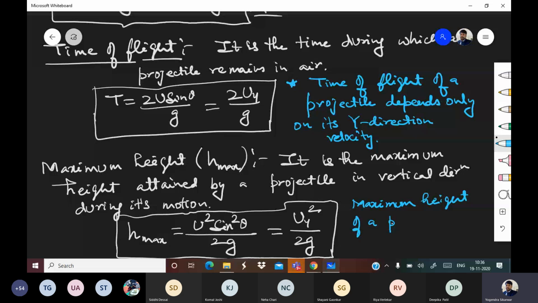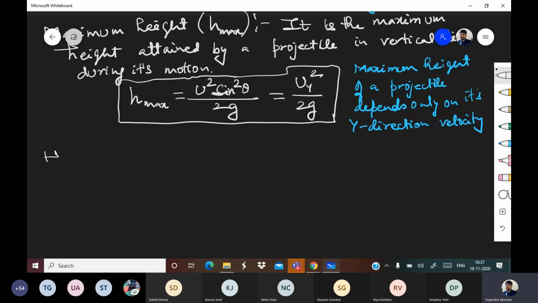Now let us move further. Horizontal range R. So what is horizontal range? Please pay attention, everyone. It is the distance covered by a projectile along the horizontal while it remains in air.